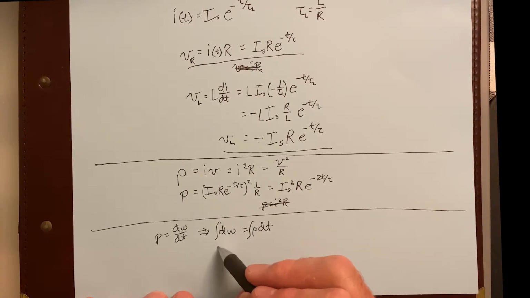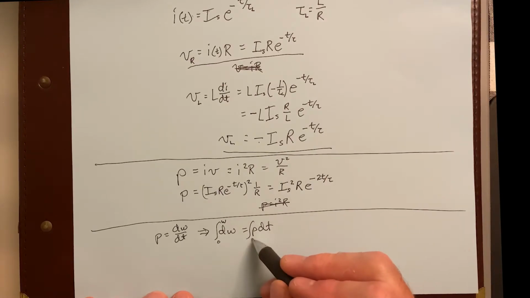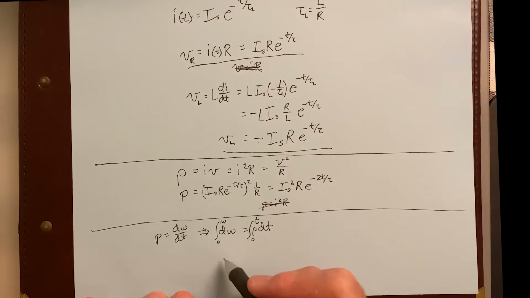You're integrating from t equals 0 to some energy W later, and this is going from 0 to that arbitrary time t in the future. So this is just going to be W on the left-hand side. That's total energy.